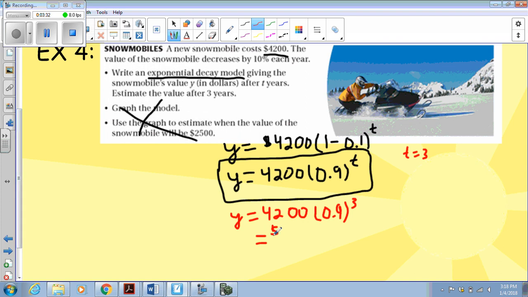So we have 3,061.80. And so that means that the value after 3 years, since it's decreasing, is going to be $3,061.80.